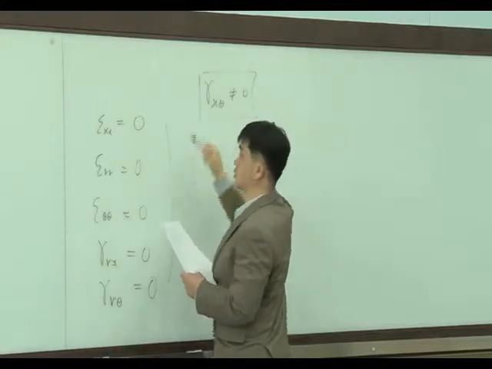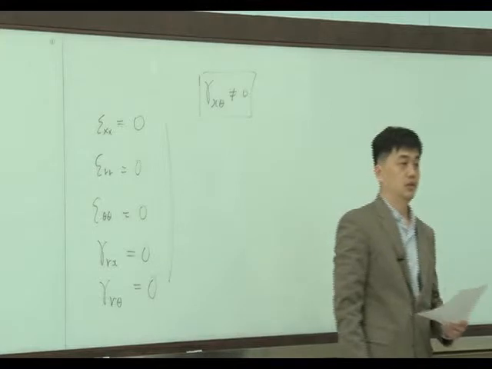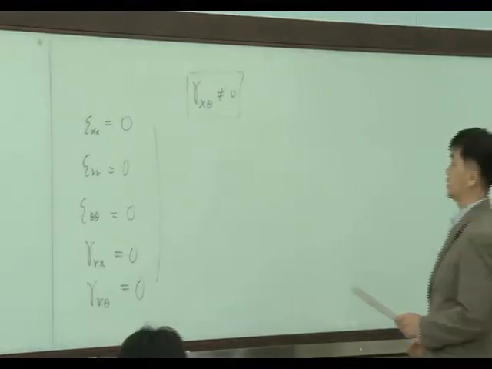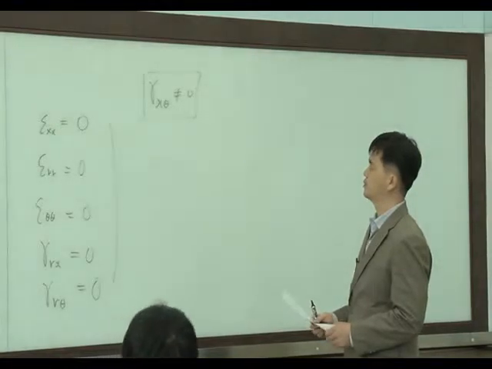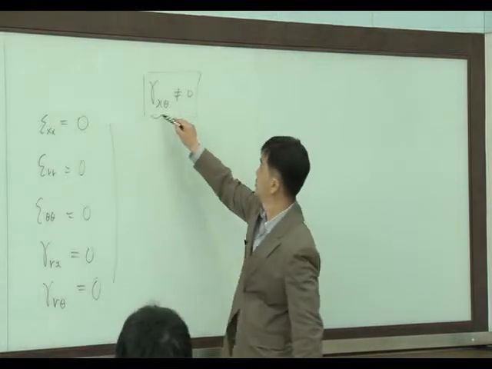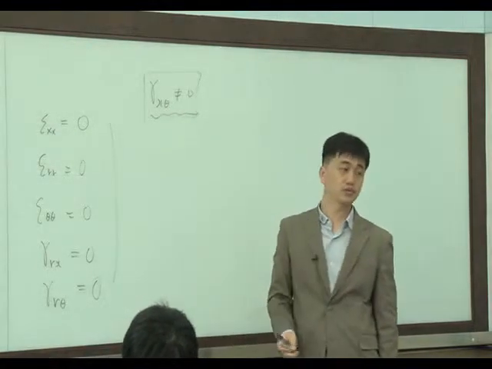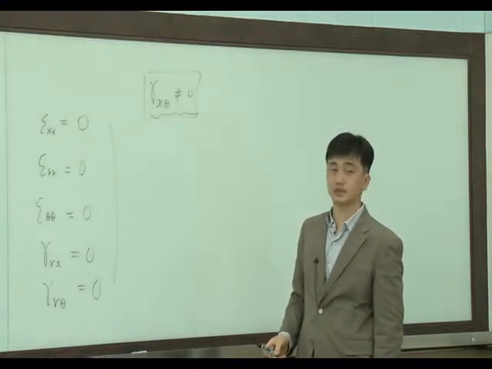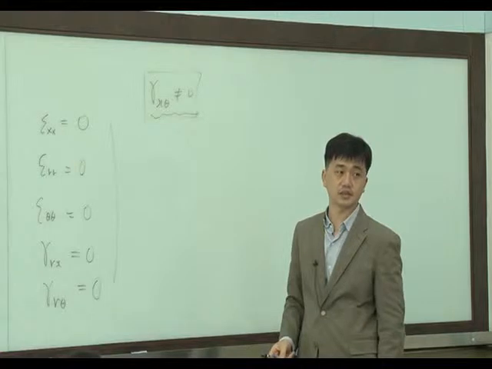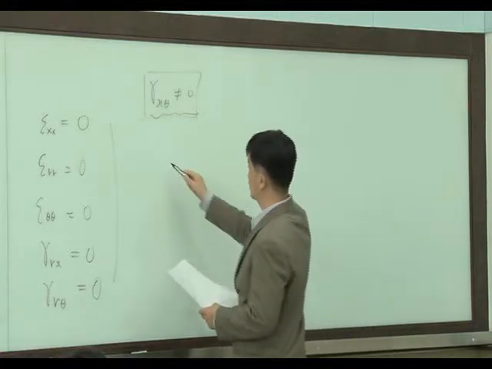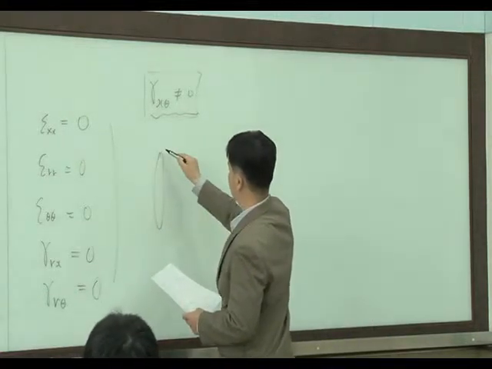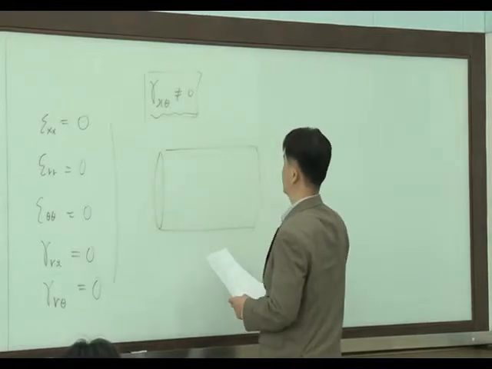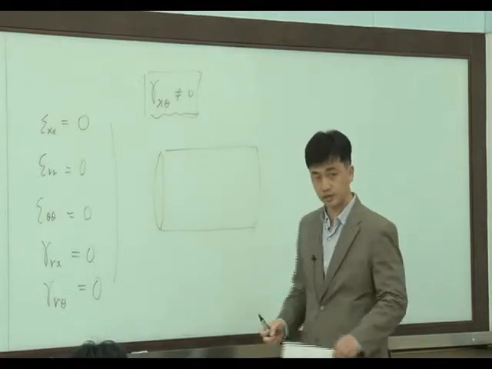So in this circular bar case, we need to consider one shear strain, about the x-axis and the theta direction. So let me identify that strain. What's the shear strain?